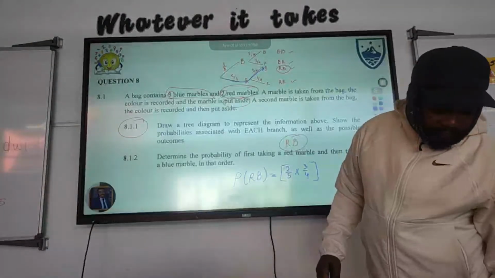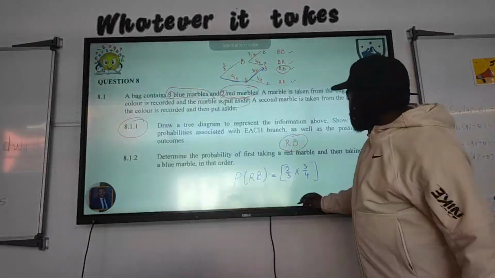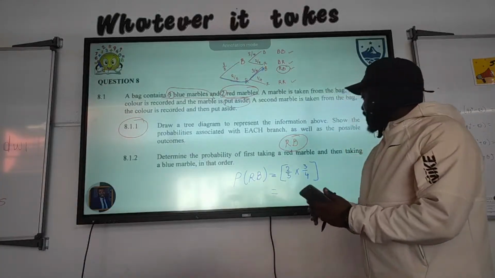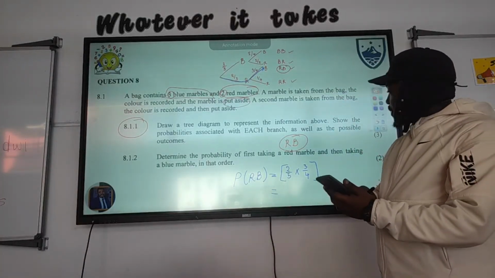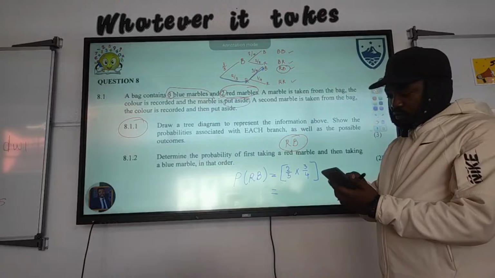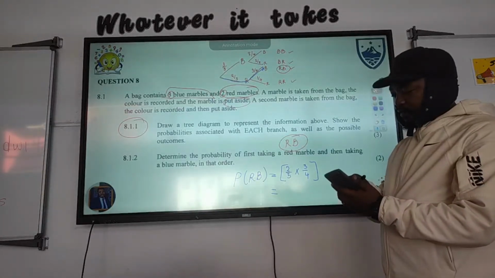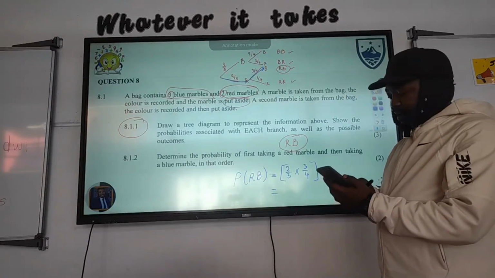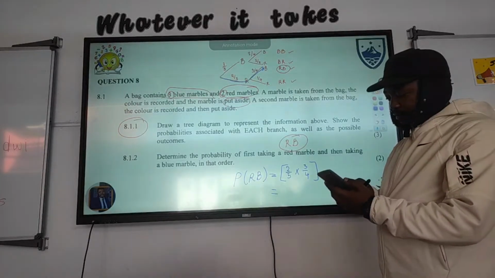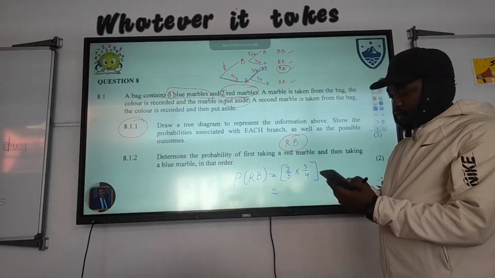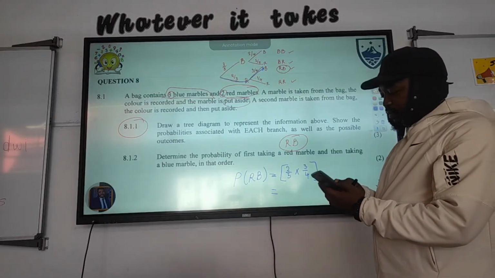And then we use our calculator and see how much we get. 2 over 5, multiply by 3, divide by 4.